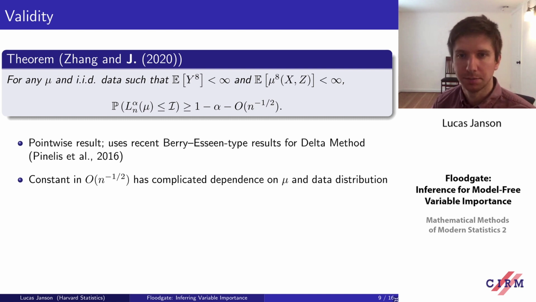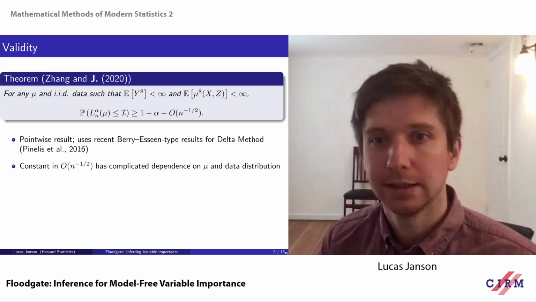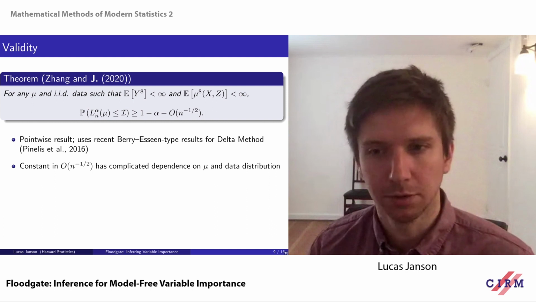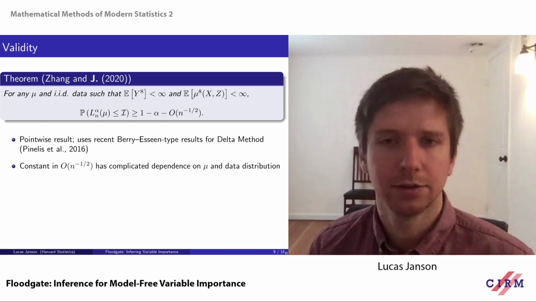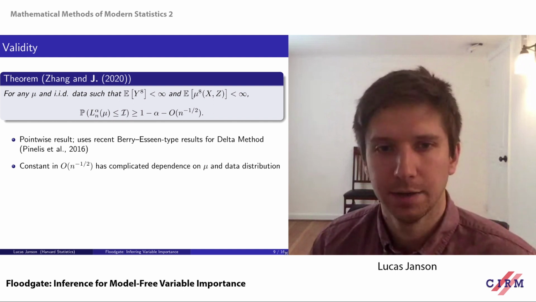And that's all going to be captured in that constant in the big O term. And unfortunately, although these recent results are very powerful, the constant that they produce is quite complicated, and it's not super interpretable. So we're going to take a slightly different approach to answering this question of what that constant looks like, or how our method might perform in high dimensions.